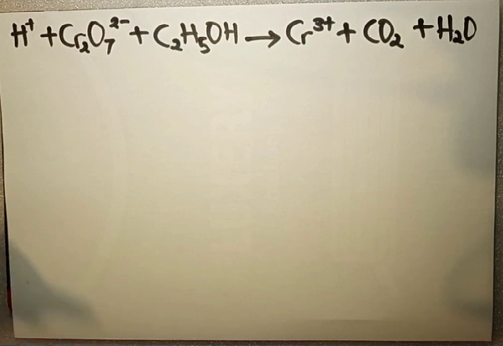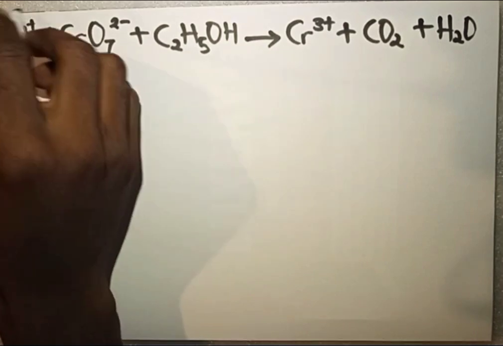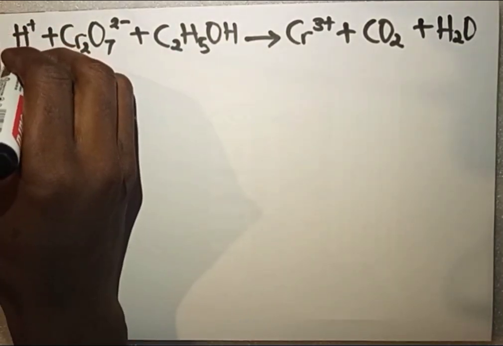We write separate equations for the oxidation and reduction half reactions. But how are we going to know which is the oxidation and which is the reduction half reaction? It's going back to oxidation numbers, or oxidation state. What is the oxidation state for this hydrogen? It is positive 1.